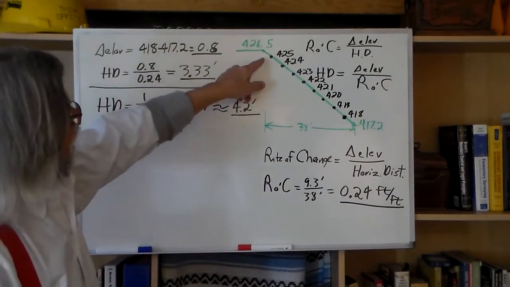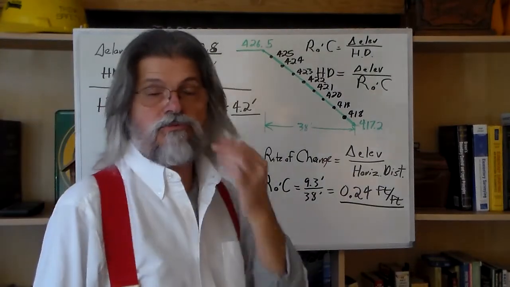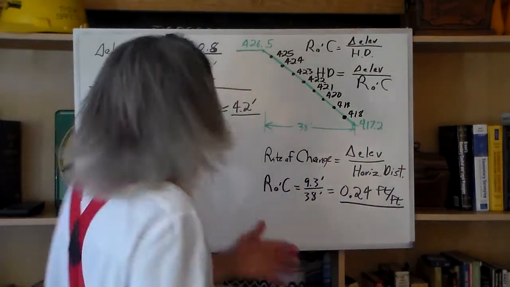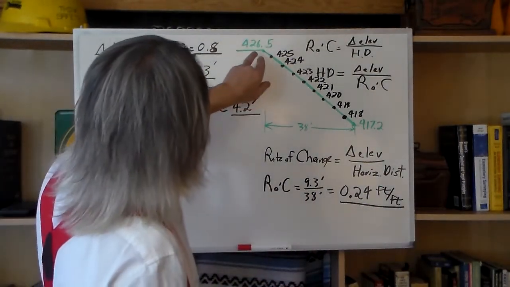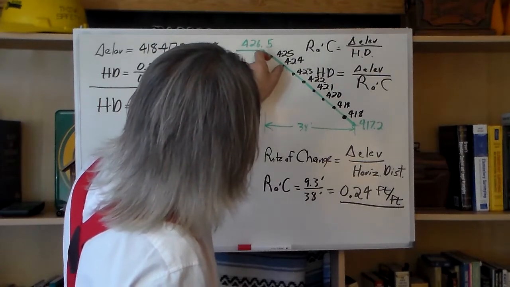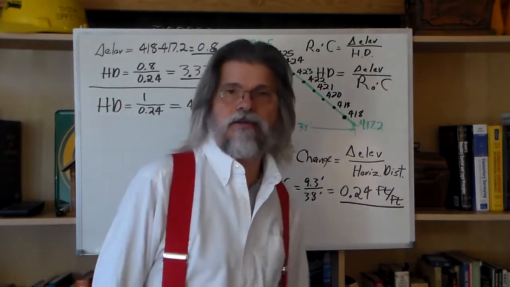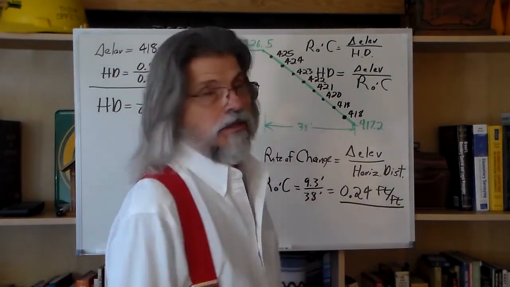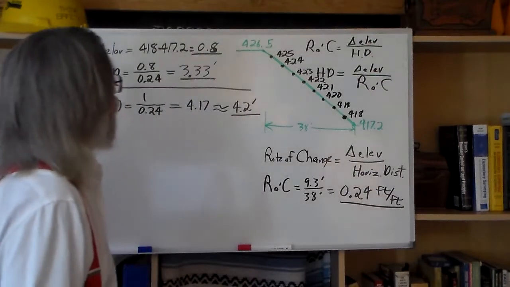And that gives us a little bit of a gap to 426.5. Now, like I said, this is not to scale, but even at this point, just looking at it, I can see that the distance between these two points is a little bit better than half of the distance between the even contours.